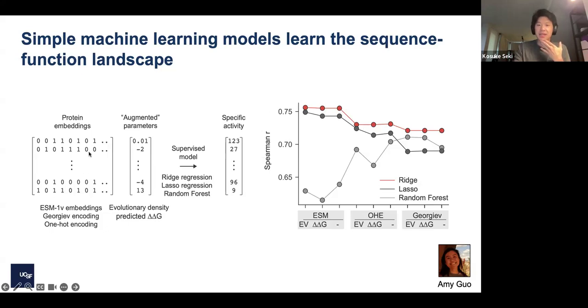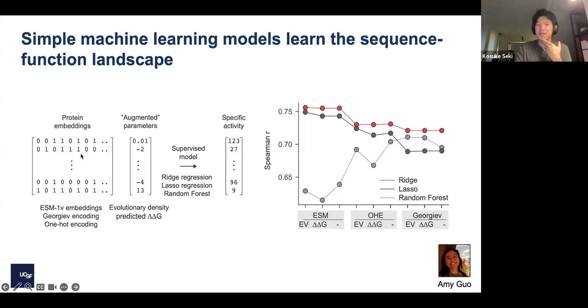We also find on the embedding side that these ESM embeddings from the protein language model perform very, very well. That is to be expected because these embeddings have a lot of information that's learned by the protein language model. And then we find that this augmentation actually doesn't provide much benefit.